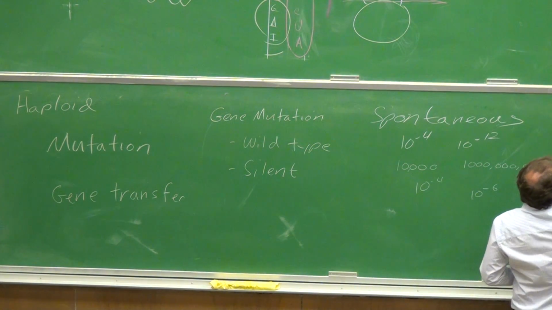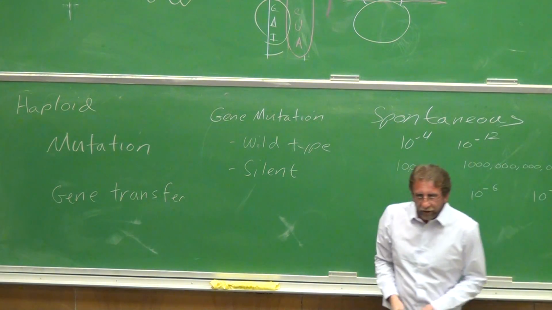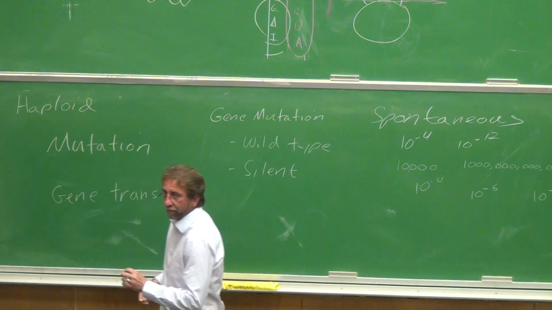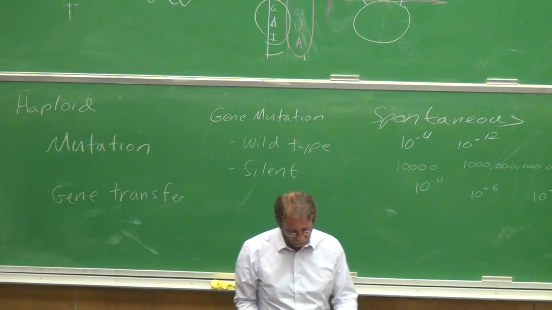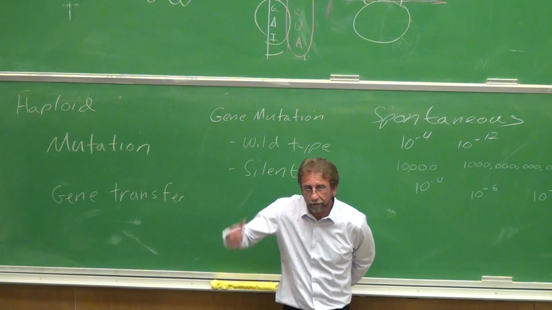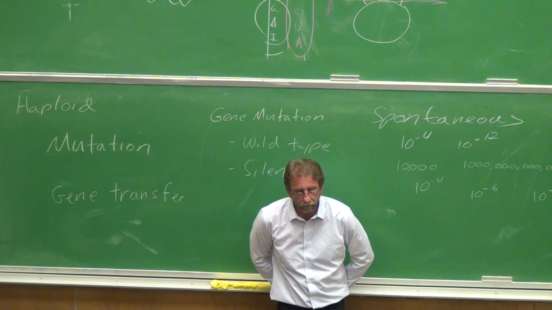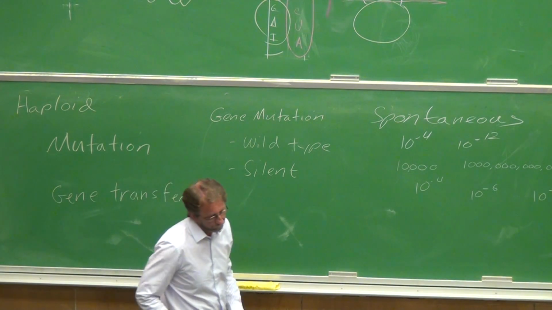Let's talk about base substitutions. This is what happens when one of the nucleotide bases gets changed. So during DNA synthesis, during the replication of the DNA molecule, an incorrect nucleotide gets put in place.